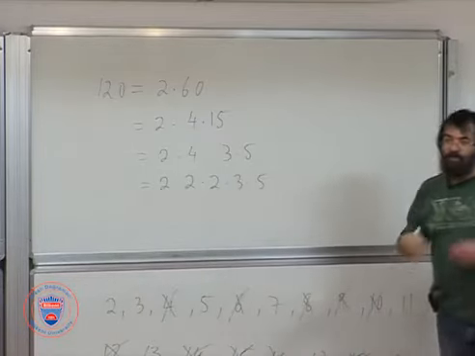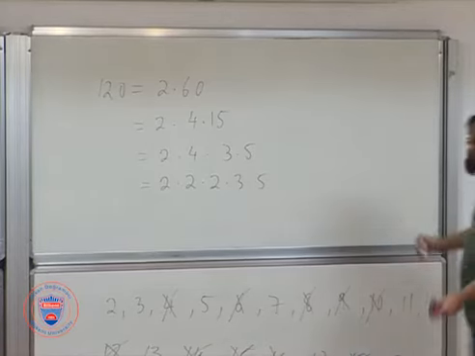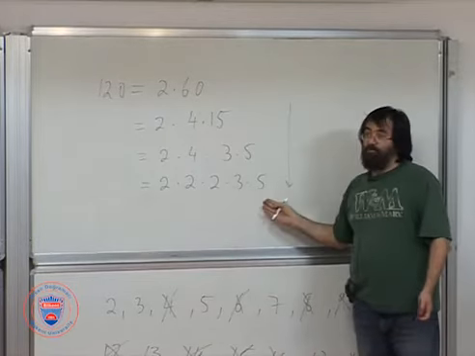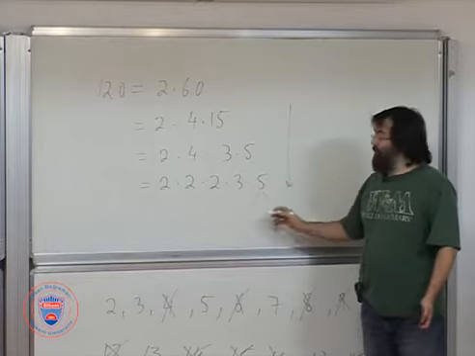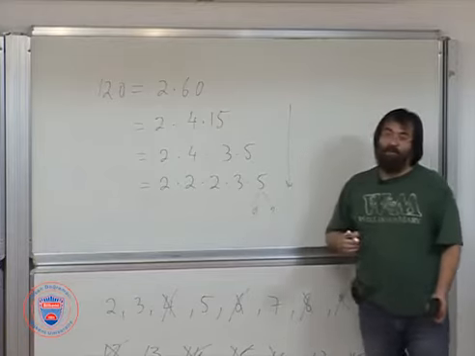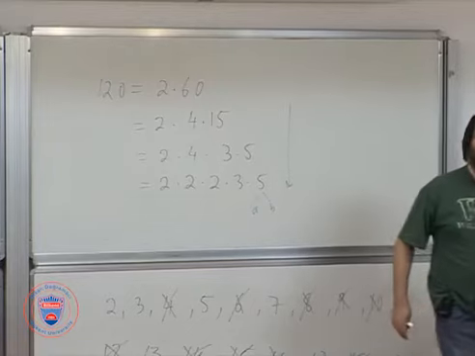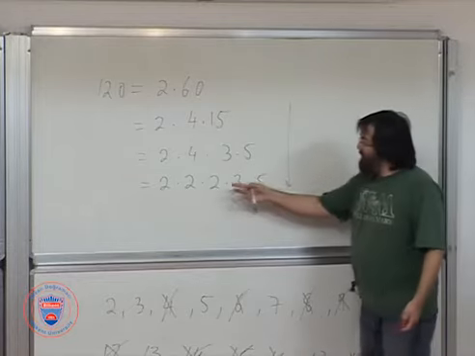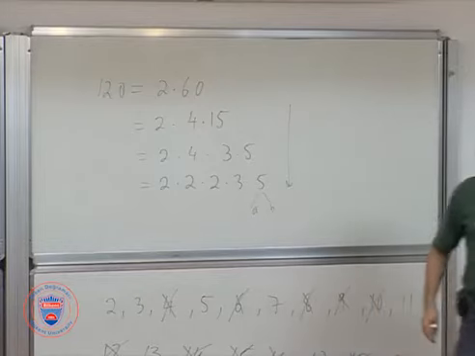So you keep writing pieces as a product of smaller pieces. And this process stops exactly when all of the numbers in the product are things you can't write as a product of 2 smaller things. That's a prime number. So that's why prime numbers are your building blocks for numbers in terms of multiplication.